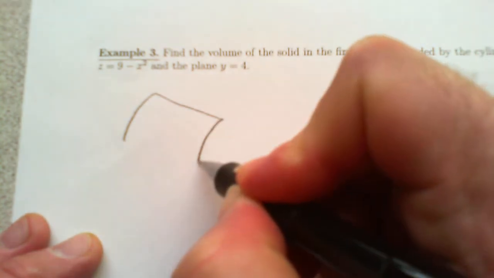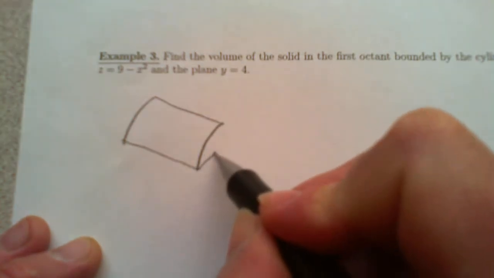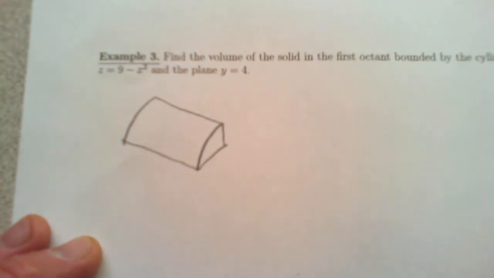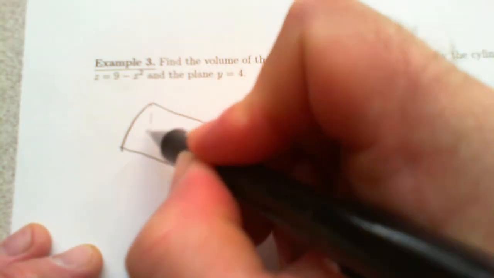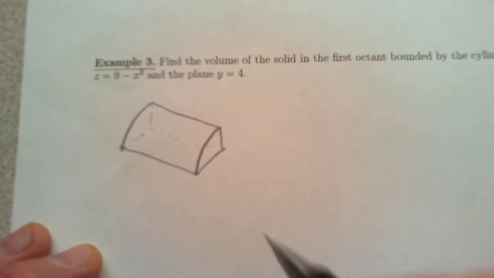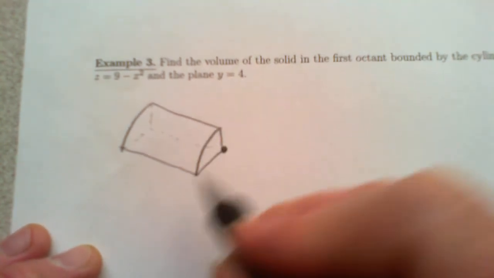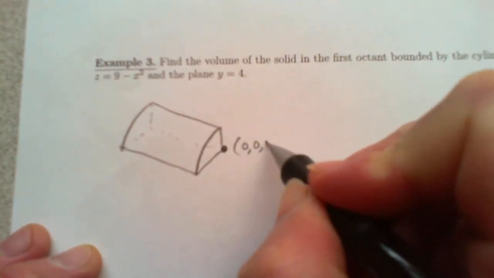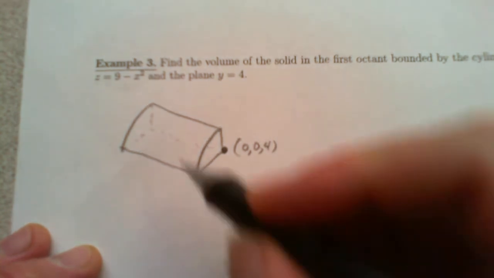because I'm in the first octant, some type of little sliver like this. This point right here is going to be 0, 0, 4, because that's the y-axis.